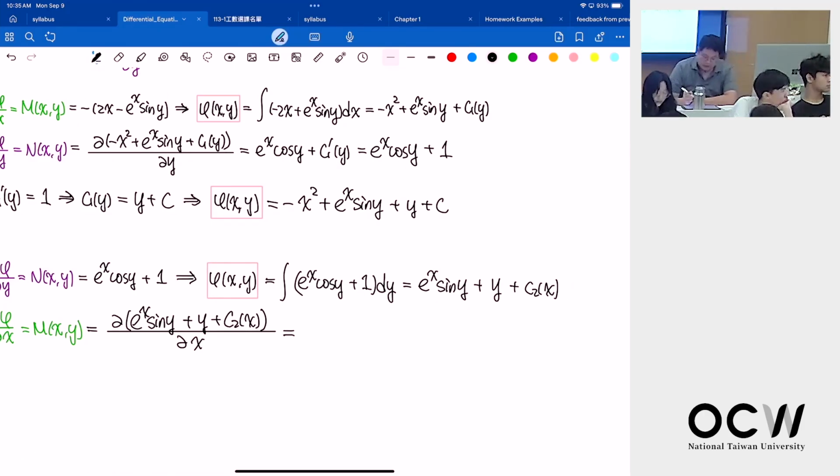Okay, so the first term, I will get e to the x sine y. The second term, no x, so 0. The last term, I have c2 prime.